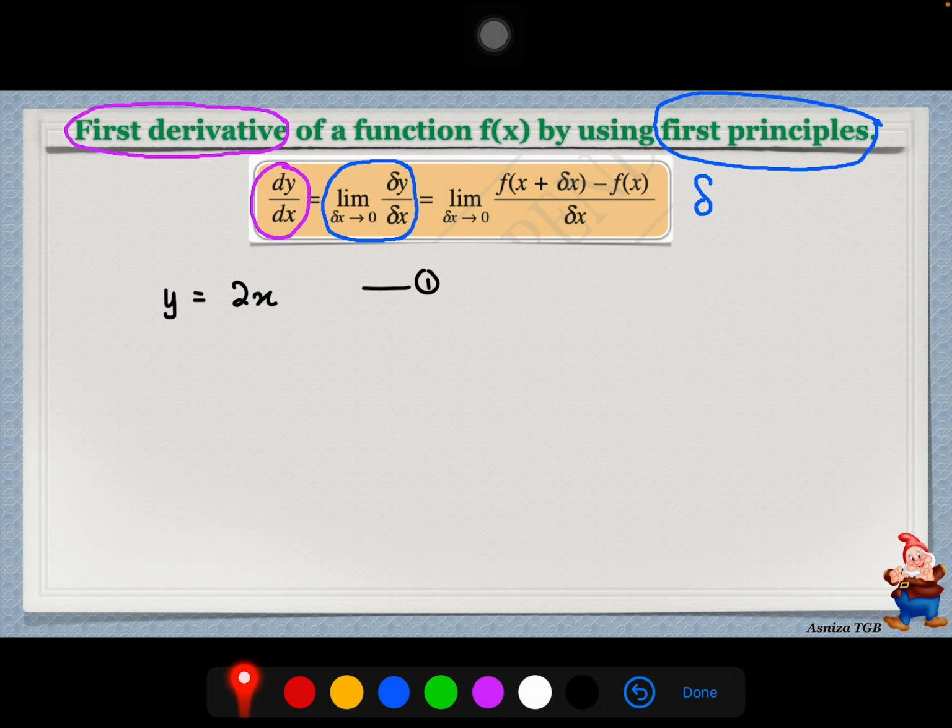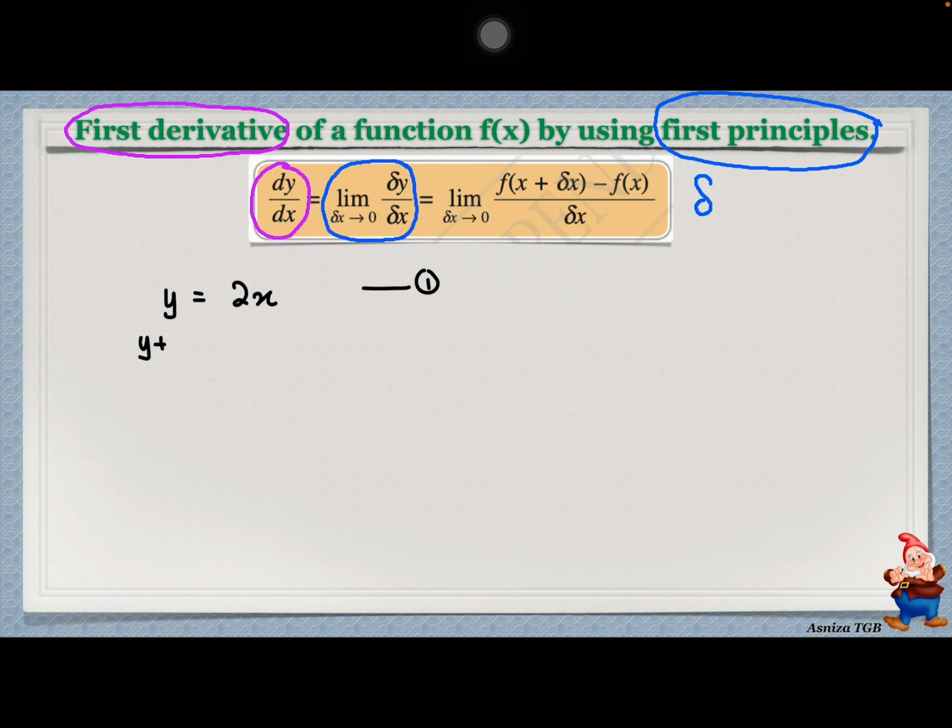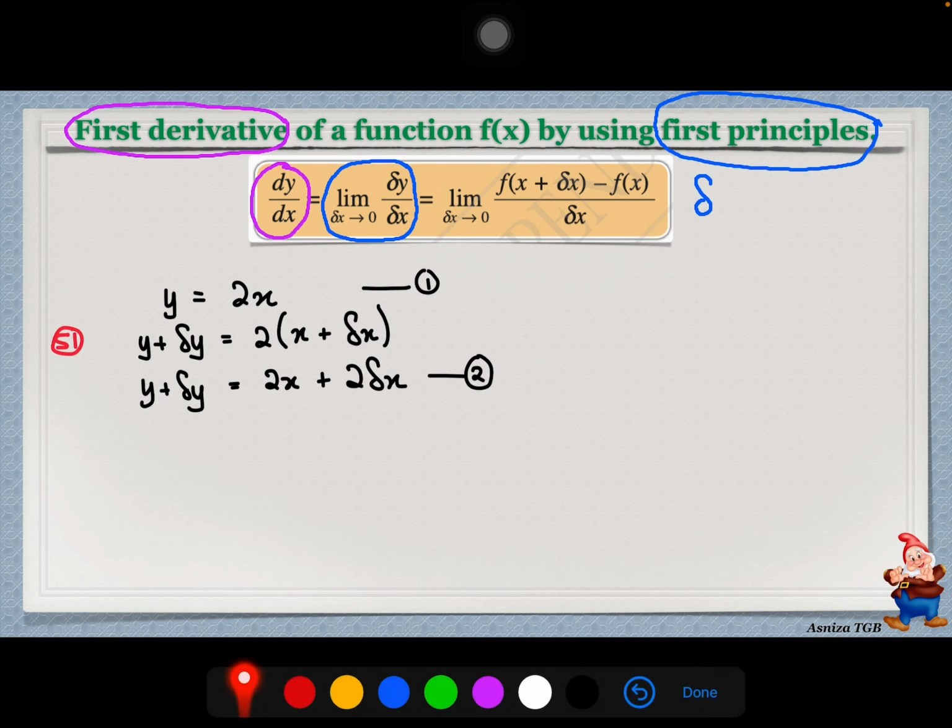Let's say we have a function y equals 2x. This is the original function. When x changes, the value of y will change. Now if we have a small change in both variables, we will have a new relation for the new value of the function. The function becomes y plus delta y equals 2 times x plus delta x.